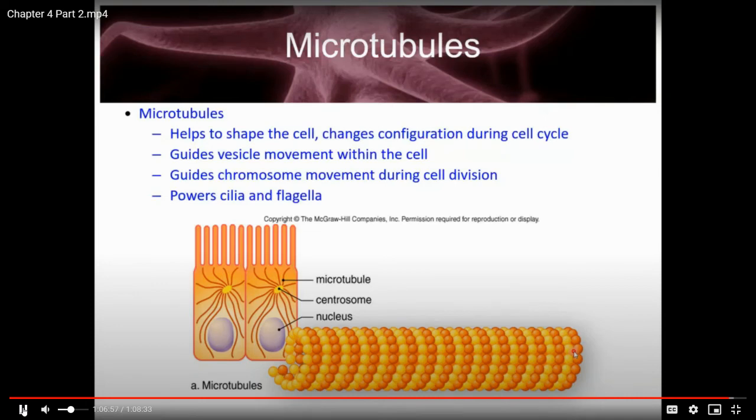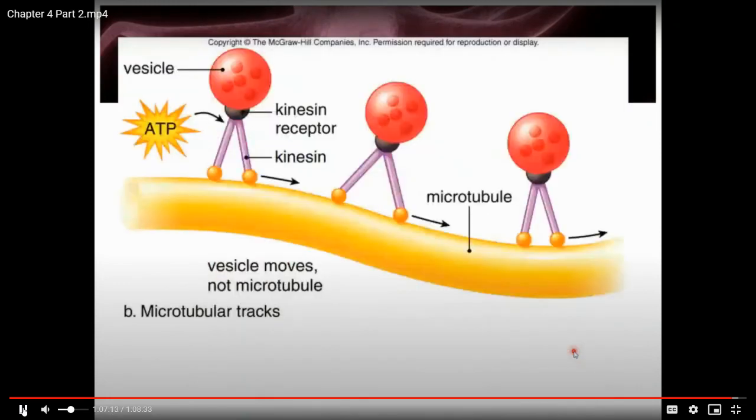So, put it in your head, microtubules associate with motor proteins to move vesicles and chromosomes. Should I say it again? Microtubules associate with motor proteins to move vesicles and chromosomes.